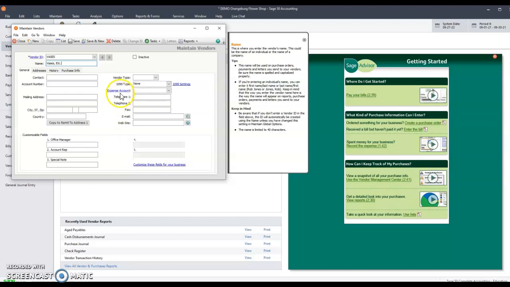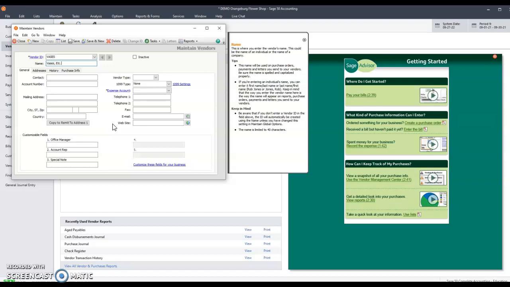So this expense account, what they're asking is, when we buy something from Vases, etc., what account do you want to debit? We know that if you're buying on account from Vases, etc., we're going to credit accounts payable. We already know that.